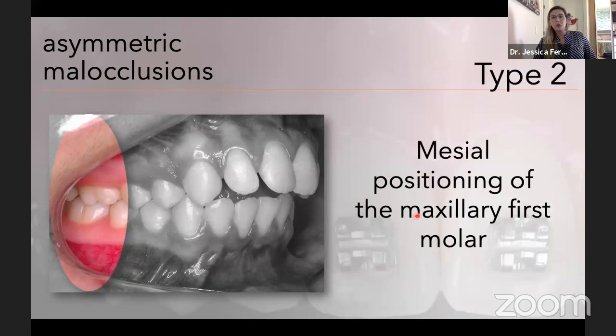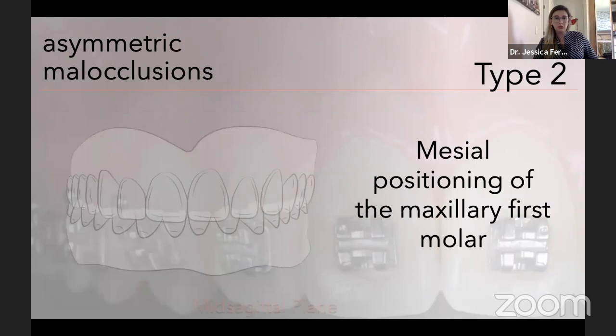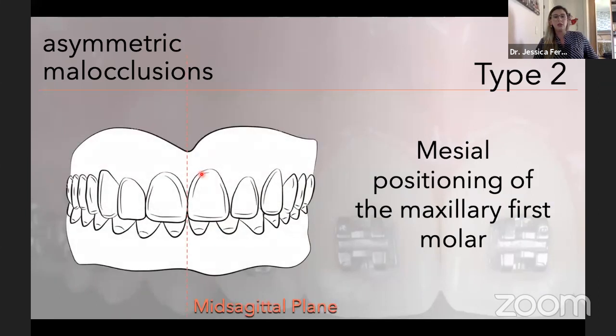And the class 2 subdivision type 2 happens when we have the mandibular first molar well positioned. However, the maxillary first molar is mesially positioned. So this also will cause, as a consequence, a dental midline deviation.